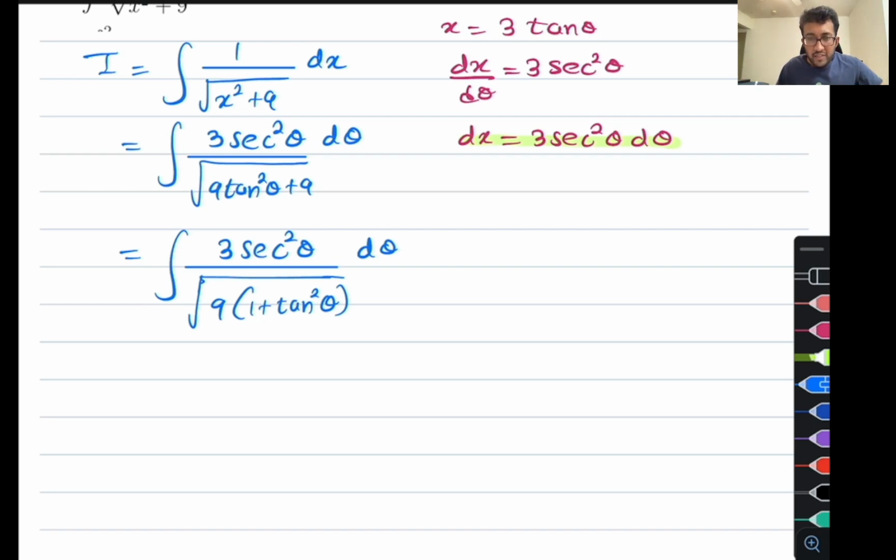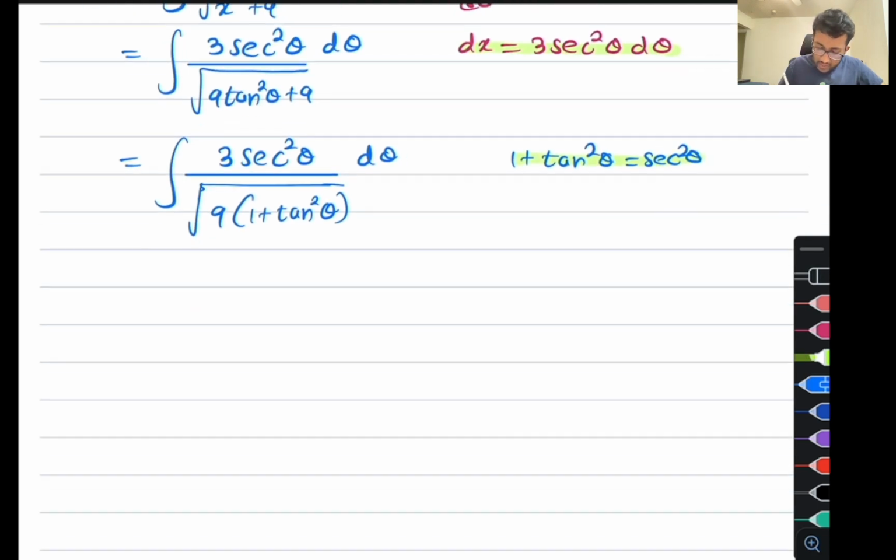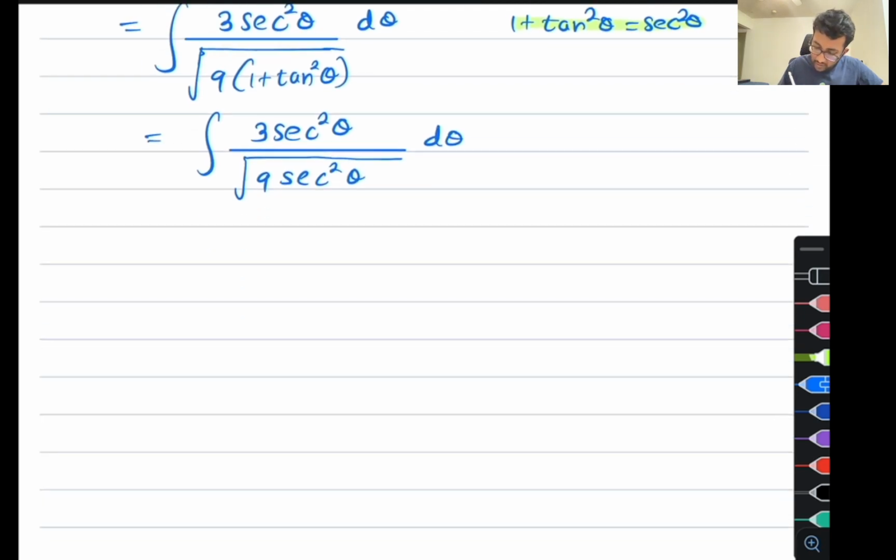Now again from the Pythagorean identities we know that 1 plus tangent squared theta is secant squared theta. So therefore this integral would become 3 secant squared theta divided by square root of 9 secant squared theta d theta, right?